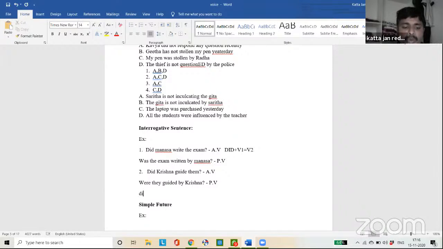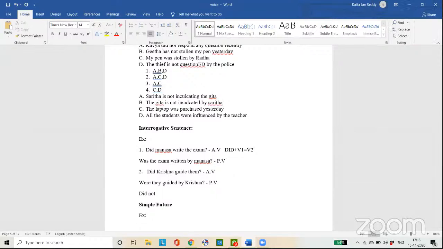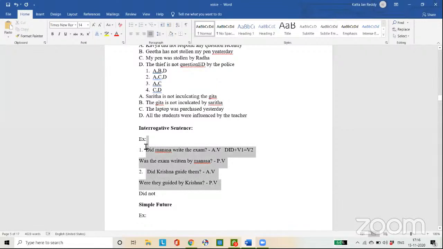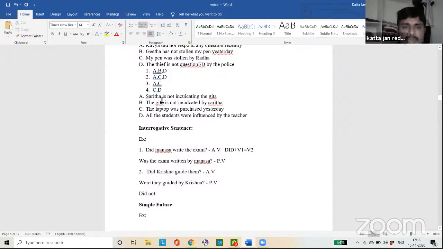Okay, you are asking me to explain this negative interrogative, okay? Little above, sir. All these examples above. From these examples, that also. Okay, this one.